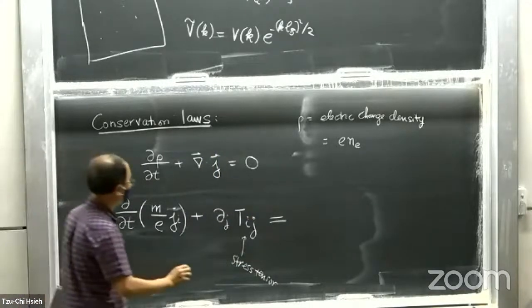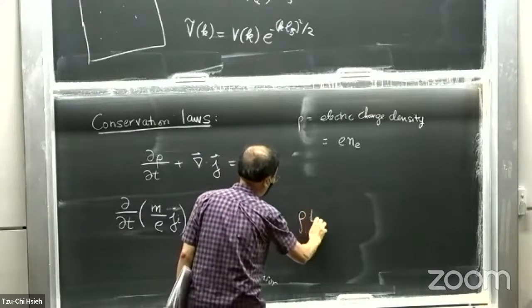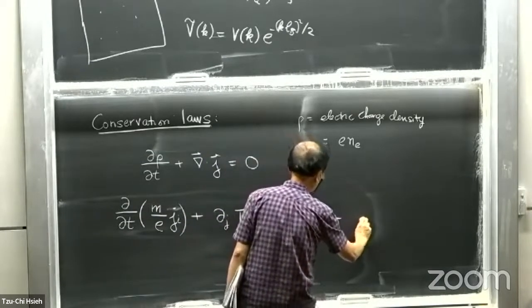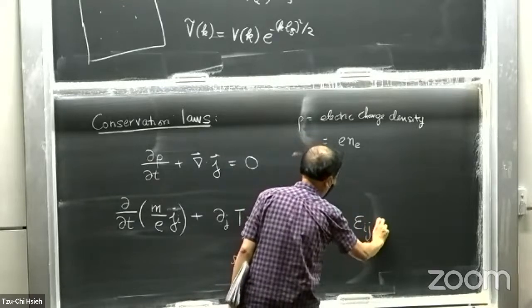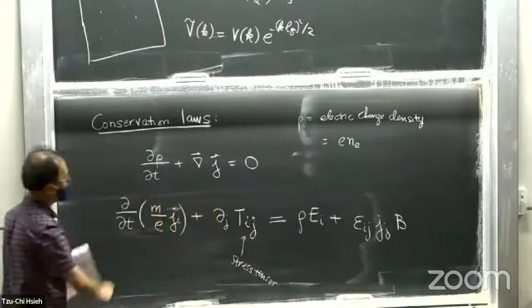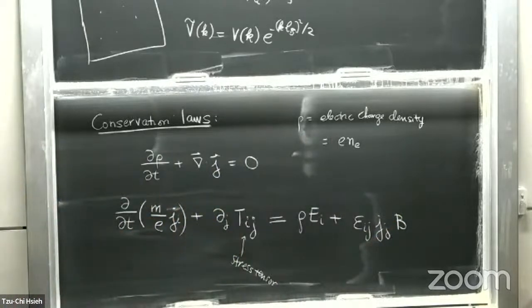The total force here is rho E plus J cross B. B is along the Z direction, so i, j run over the X and Y directions. Okay, so that's the conservation law.